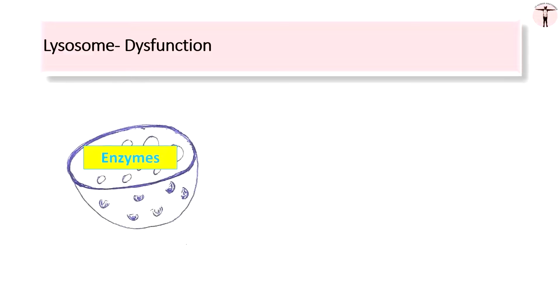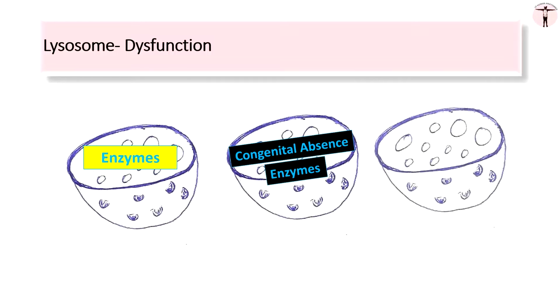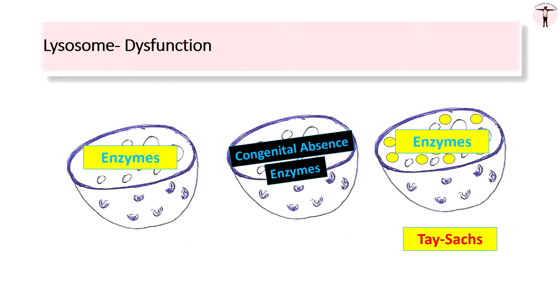The lysosomal enzymes degrade a variety of detrimental substances within the cell. The congenital absence of particular enzymes results in accumulation of their substrates within the cells, producing storage diseases like Tay-Sachs disease and Gaucher's disease. Such lysosomes are abundant in macrophage cells and granular leukocytes.